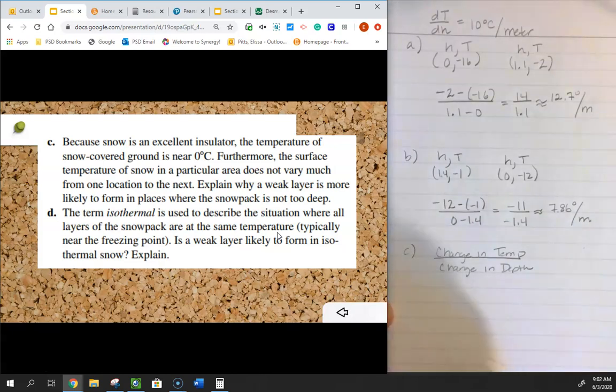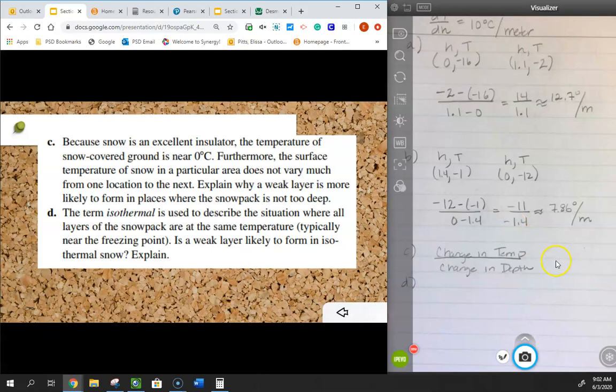So if I look at this fraction, let's do this for C and D, all right? If I look at this fraction, the way the temperature gradient gets bigger is either the change in temperature gets greater or the change in depth gets smaller. The way a fraction is going to get bigger is if the numerator is bigger or the denominator gets smaller.